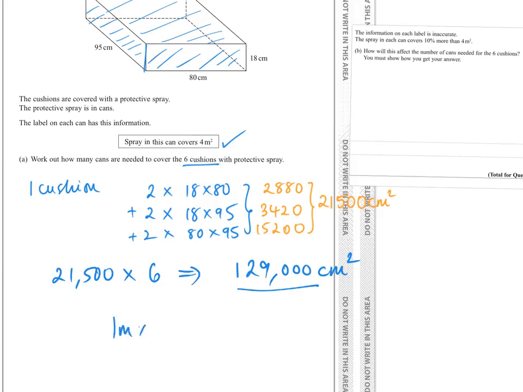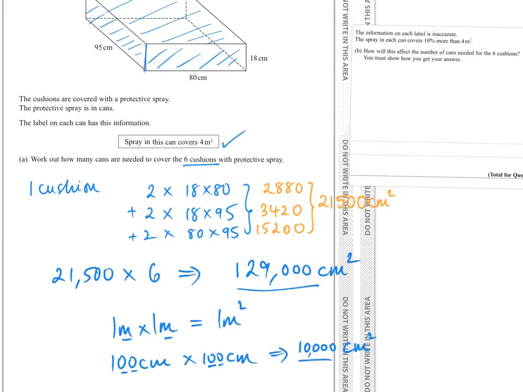Well, 1 metre times 1 metre is 1 metre square, and because we've got metres times metres, 1 metre is 100 centimetres, and that would give me 1, 2, 3, 4 powers of 10 centimetre squares.